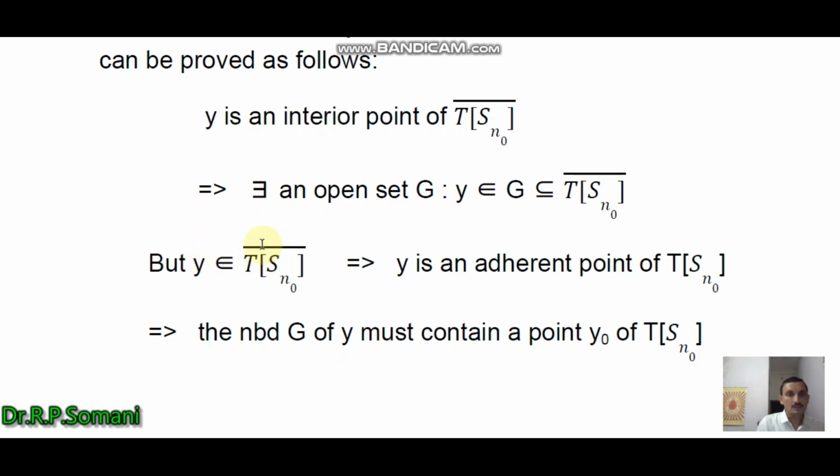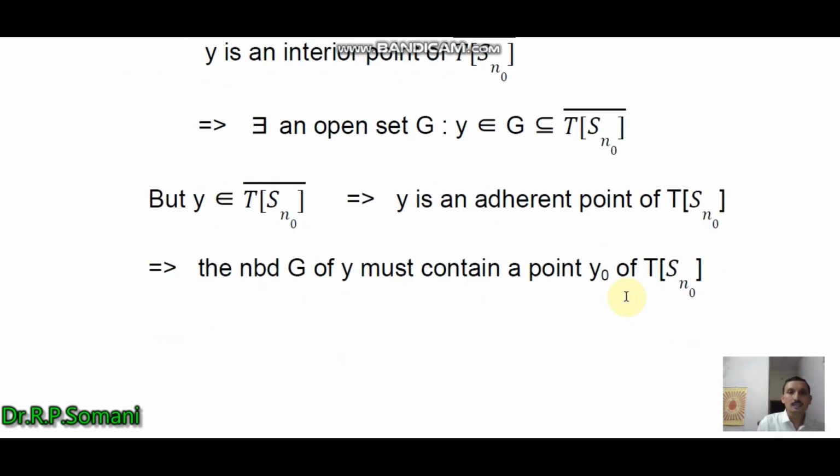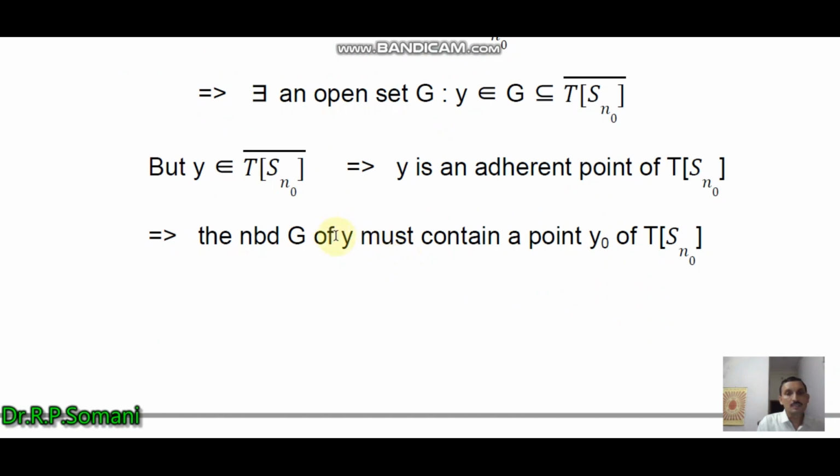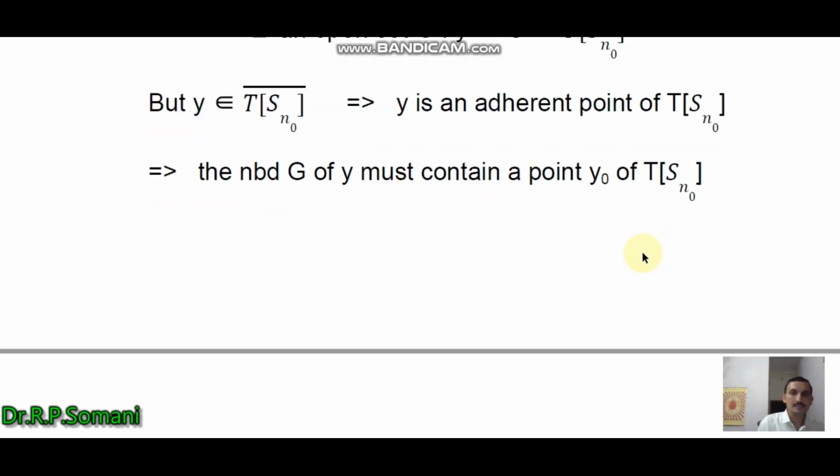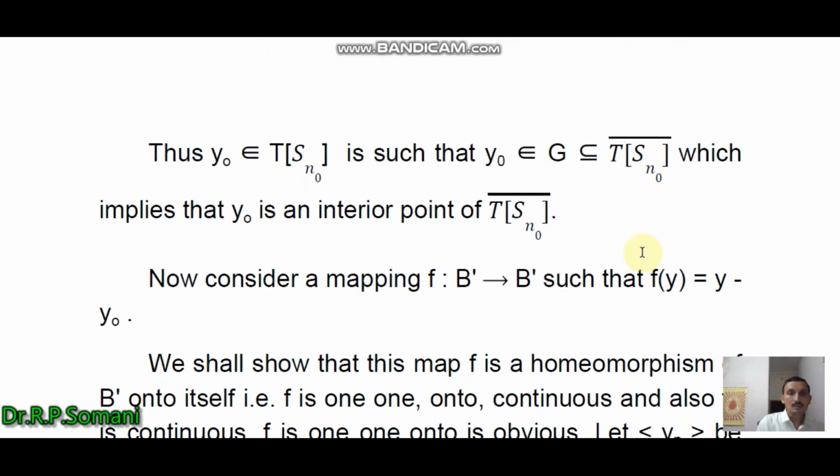But y belongs to the closure of TS_n0, so y is an adherent point of TS_n0, and therefore the neighborhood G of y must contain a point y0 of TS_n0. Thus y0 belongs to TS_n0 and y0 belongs to G, which is a subset of the closure of TS_n0, which implies that y0 is an interior point of the closure of TS_n0.